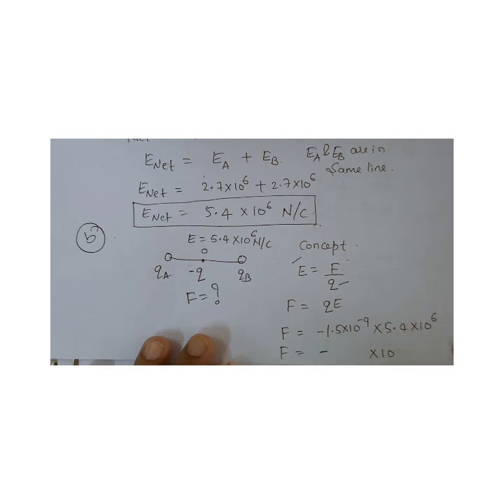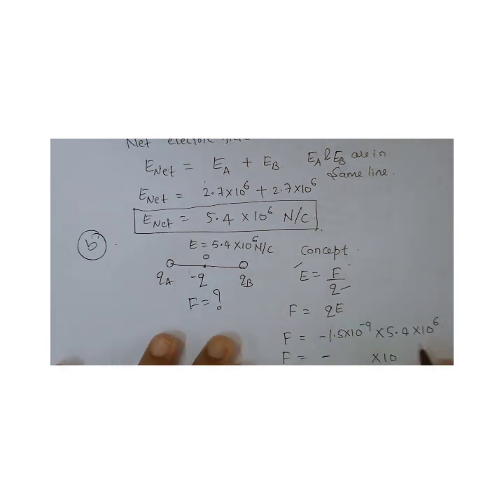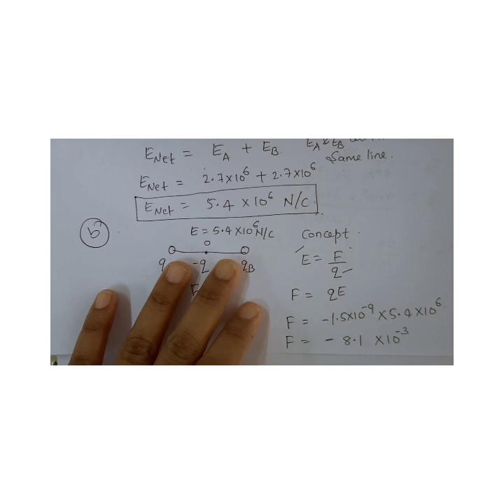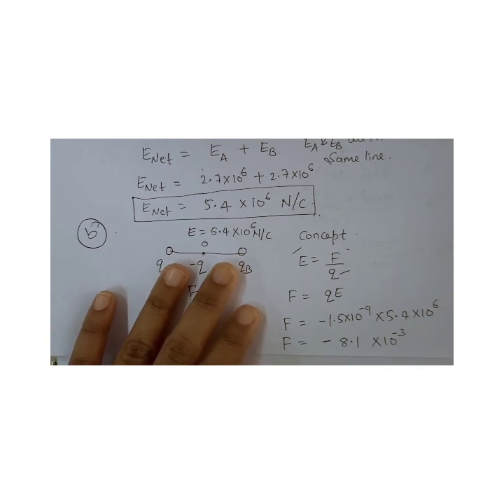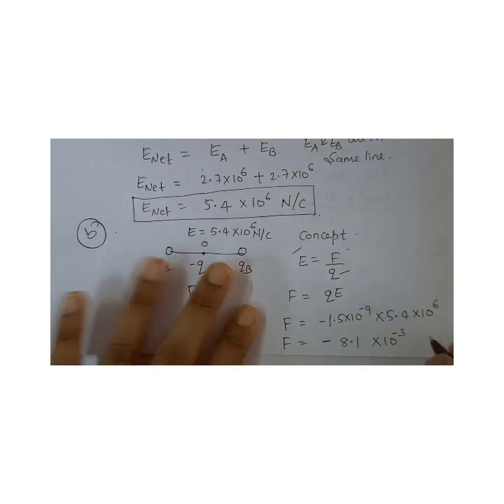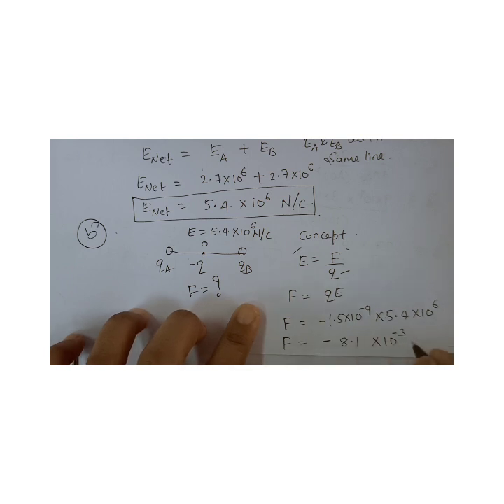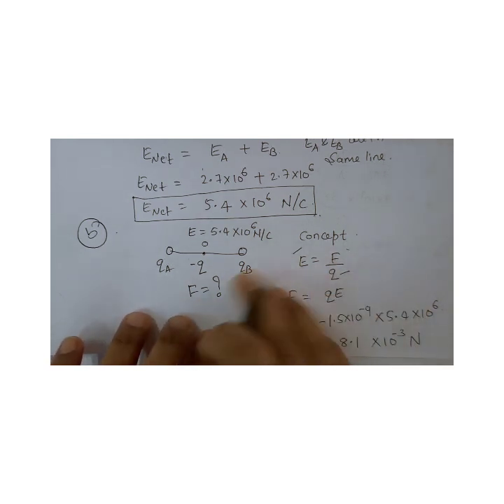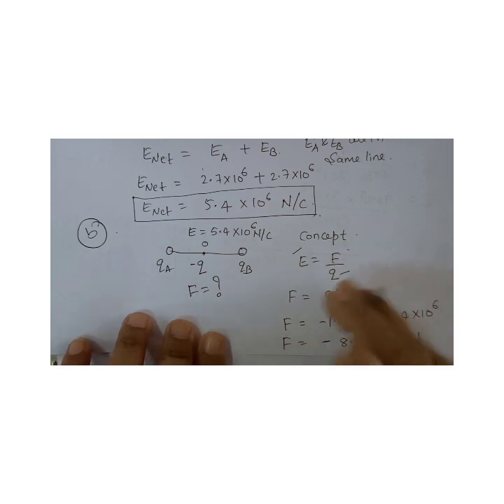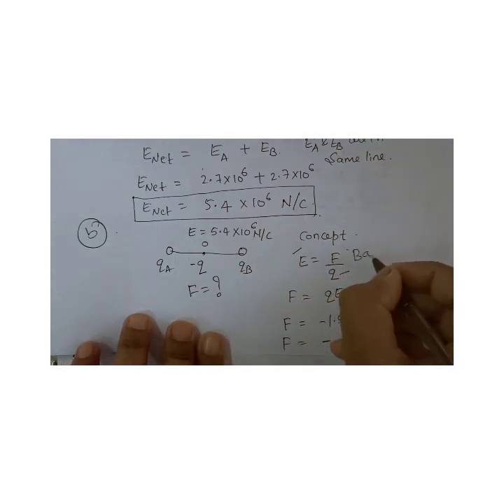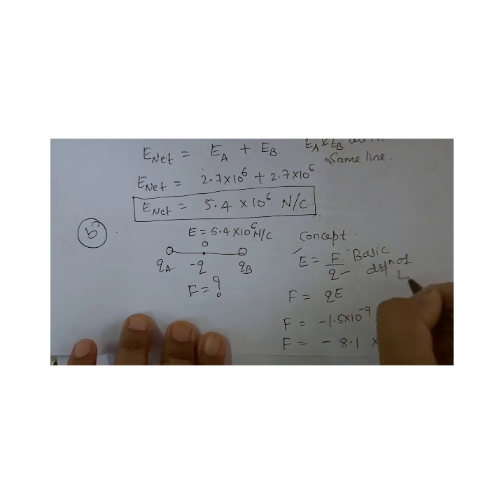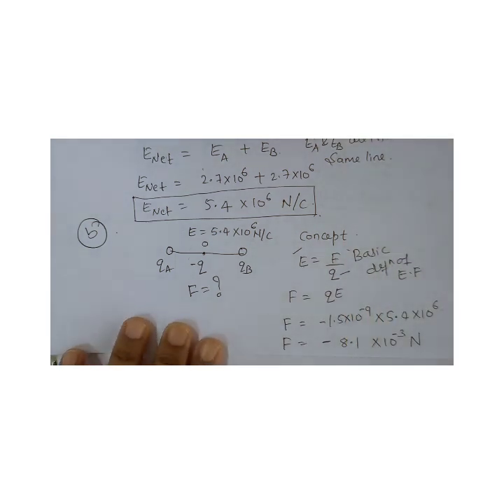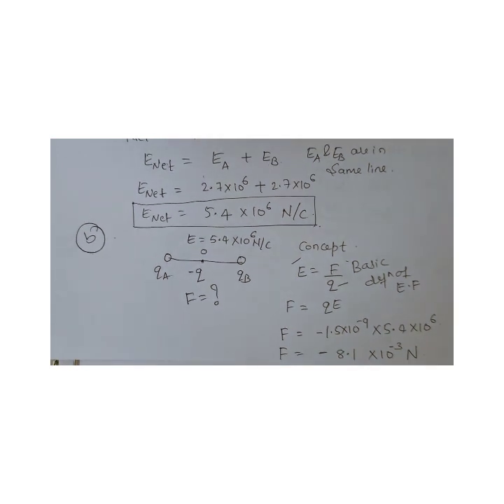Into 10 raised to 9 minus 6, so the answer is 8.1 into 10 raised to minus 3. It's a force, so the unit is Newton. Correct? So the concept used here is the basic definition of electric field. In this manner you have to think and solve the problem.